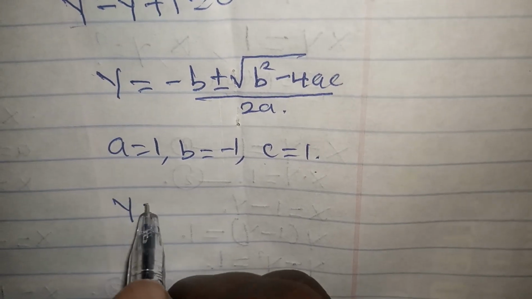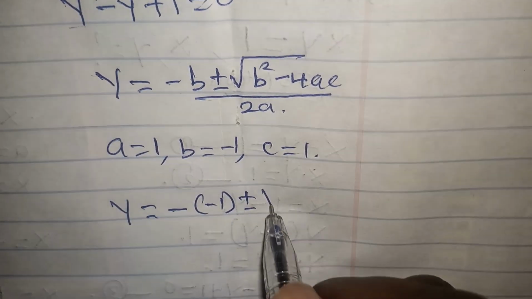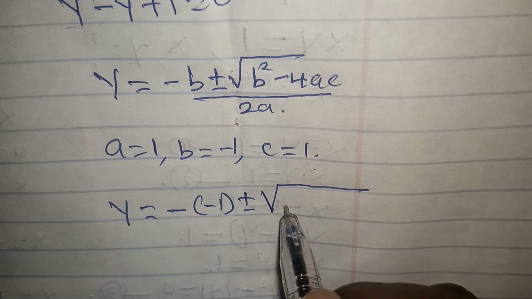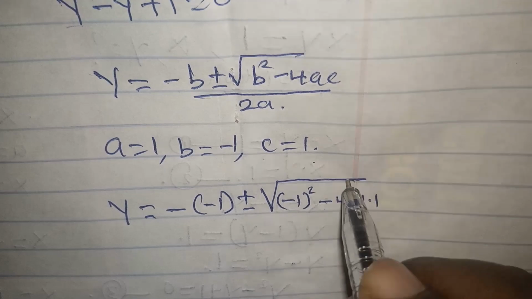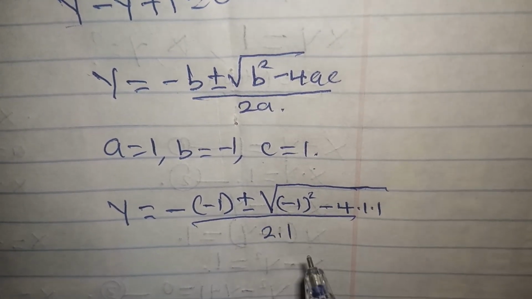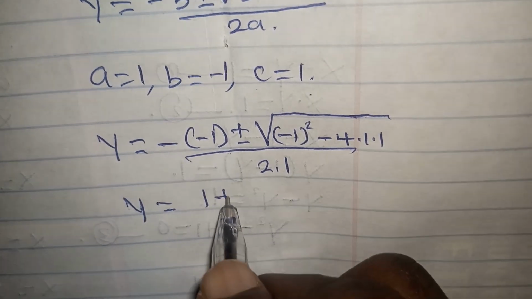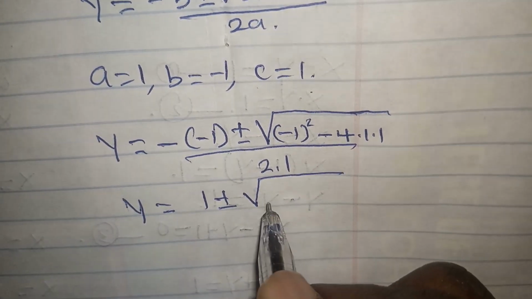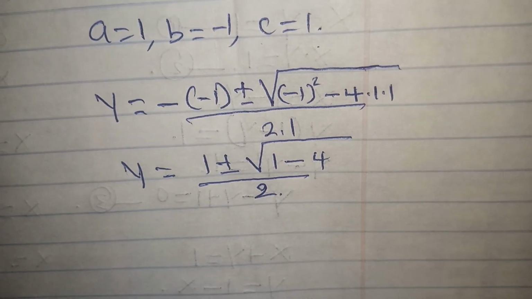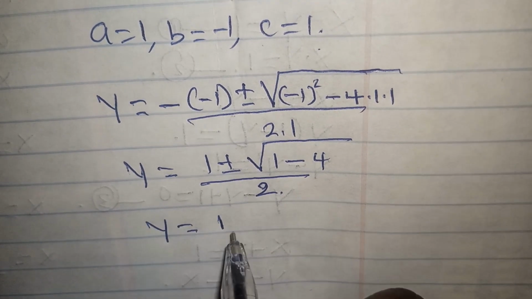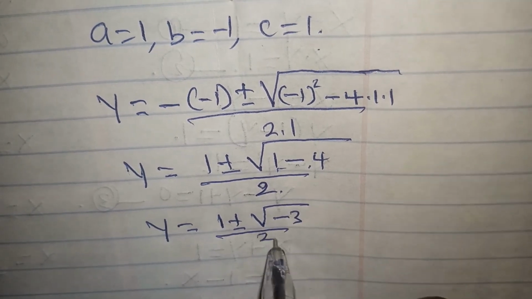So we can say our y is equal to minus, open bracket minus 1 close bracket, plus or minus the root of minus 1 all squared minus 4 times 1 over 2 times 1. So from here, our y is also equal to 1 plus or minus the root of 1 minus 4 over 2, so 1 minus 4 gives us minus 3 over 2.